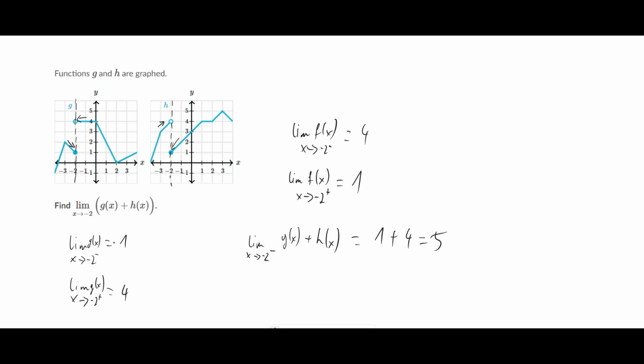Left sides of both graphs, 1 and 4, and we have 5. Right side, addition of the right side: minus 2 from the right side, g of x plus h of x again.